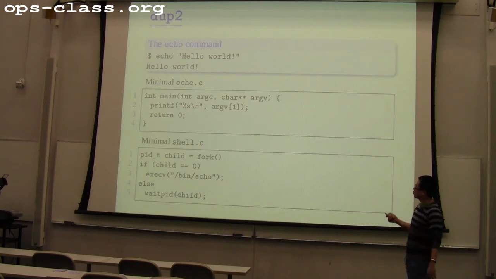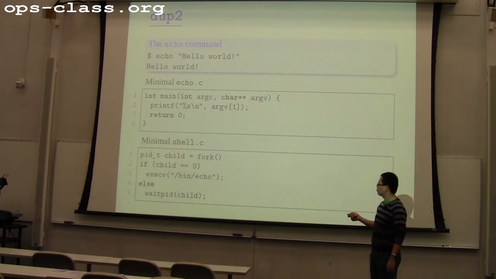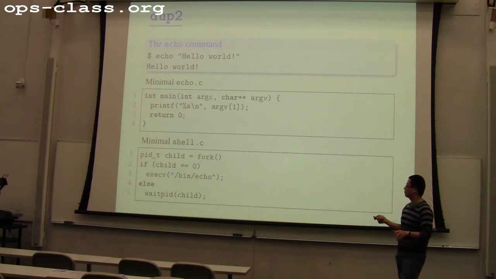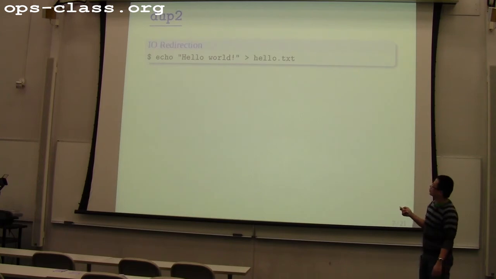And this is the minimal shell.c. So when you type echo, the shell will know that you want to run this program, and the shell will call fork to create a new thread and call exec on this binary, and it may also pass the actual arguments, which I didn't write down here. So this all looks good.